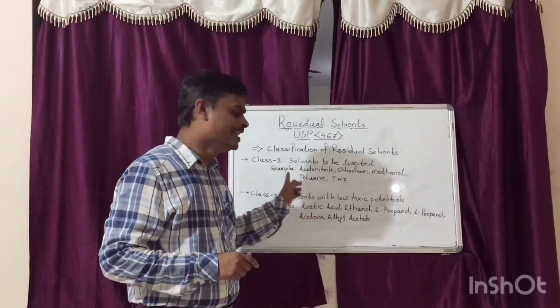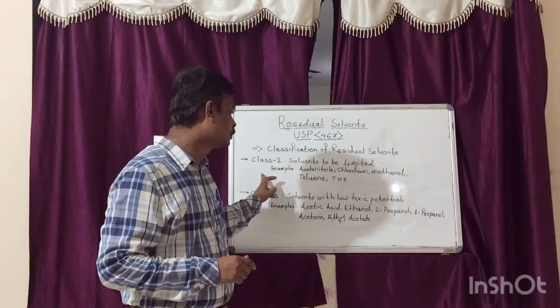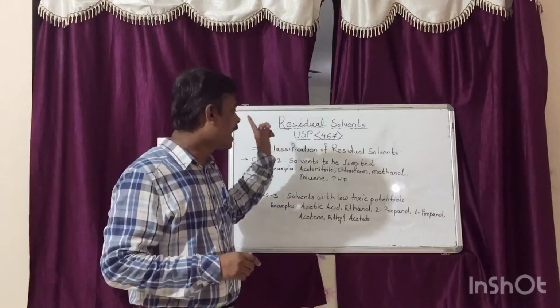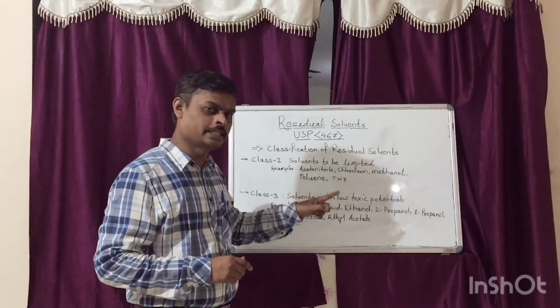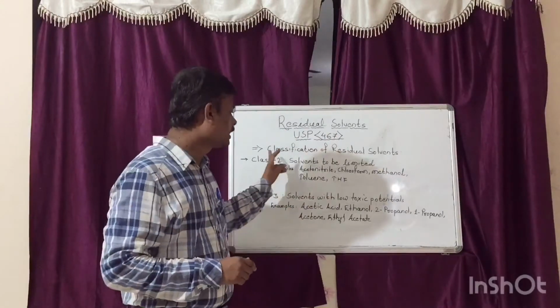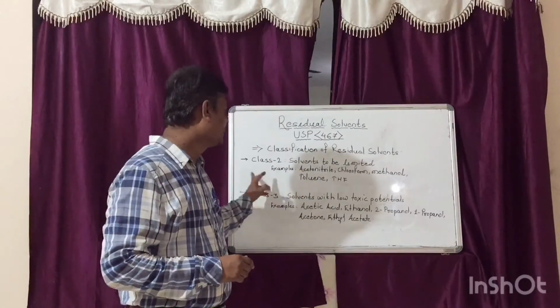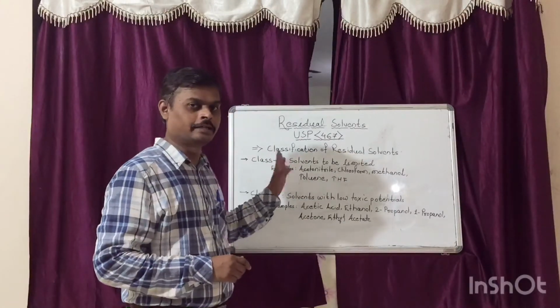The comprehensive list of solvents which fall under class 2 is provided in ICH Q3C and USP 467. Total 29 solvents are included in the class 2 category.